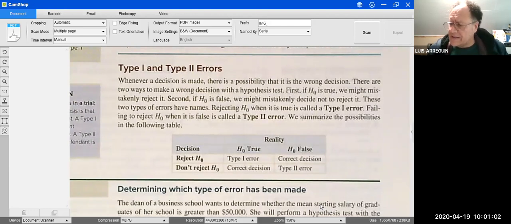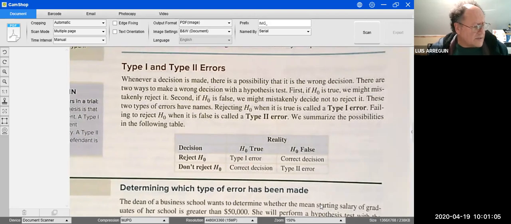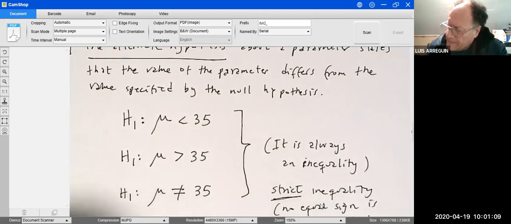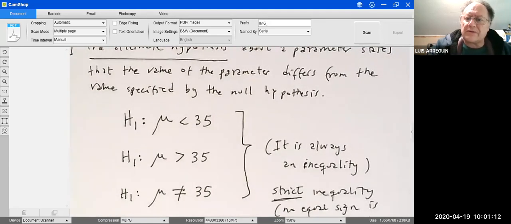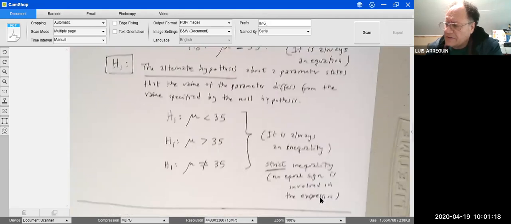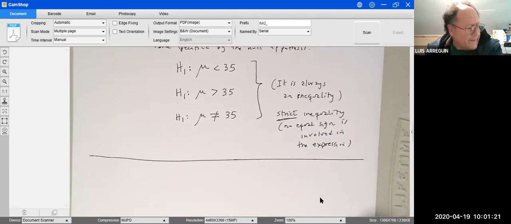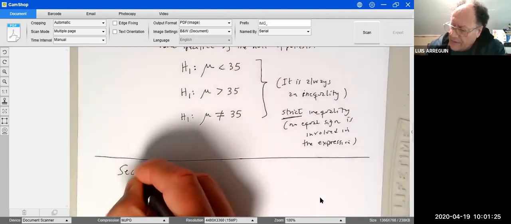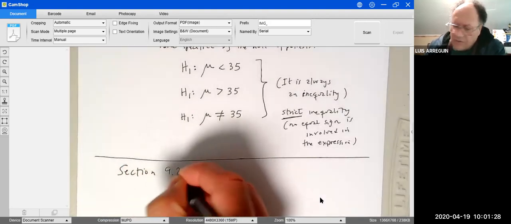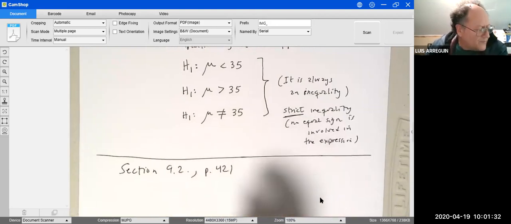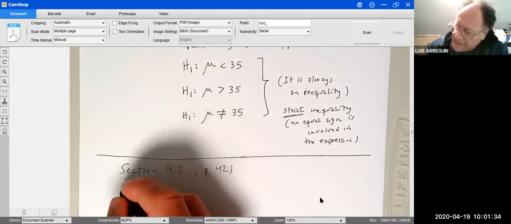So that's section 9.1. Now we're going to start section 9.2 and we're going to start solving problems. We're going to apply all the methodology that we just mentioned a moment ago at the start of this lecture. So we have section 9.2 on page 421, and we're going to start with the first testing.